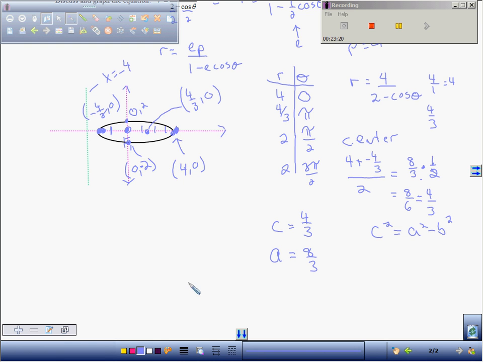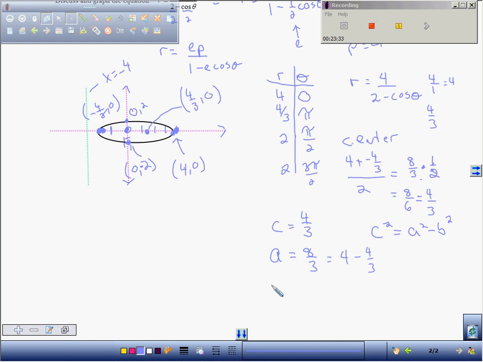You follow that? That's equal to 4 minus the distance from here to the center. So that's 4 minus 4/3, that's 8/3, which I already told you. And then the reason I wanted to find C and A is because I want to find B.